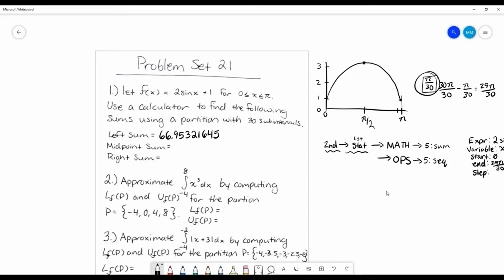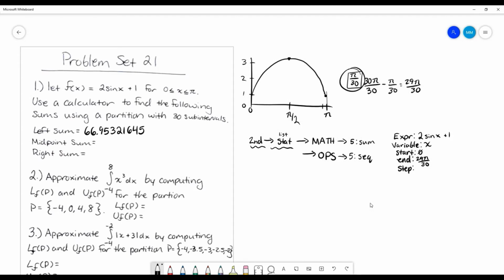Okay, now it's probably easier to go ahead and do the right sum next. So once again, we're going to do all of these same steps, except now we're going to do that right sum. So our start point is going to be that point there, and we are going to come all the way to this pi. Our start is not 0, sorry.